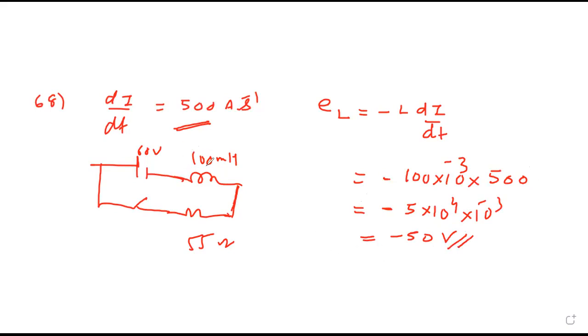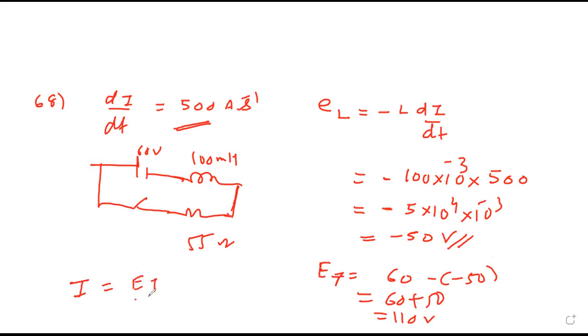It will oppose the change, so opposite it will be. So total EMF will become 60 minus of minus 50. That means it will be 60 plus 50. Can I say 110? Followed? Followed, sir. So total current I is total voltage upon resistance, 110 upon 55 equals 2 ampere.